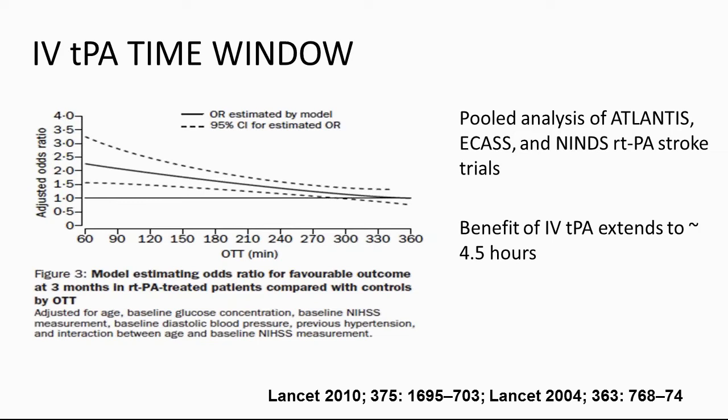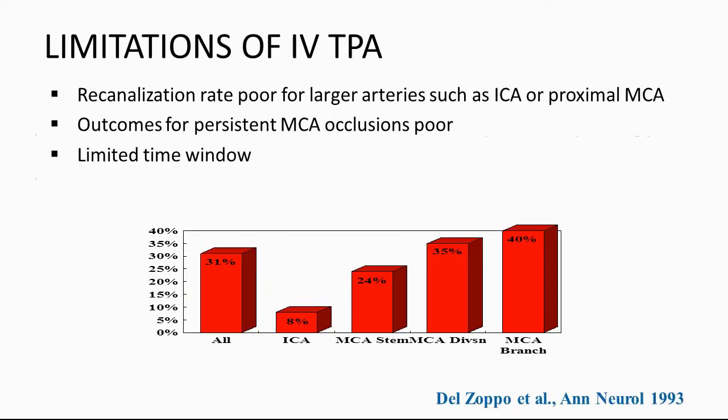Well, in what kind of cases would more need to be done? If you look at IV TPA for all comers, you see that only about 31% of strokes recanalize. And certainly in an MCA occlusion, if you have an M2 branch occlusion, it's much higher, 40%.